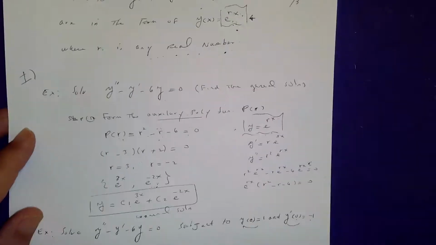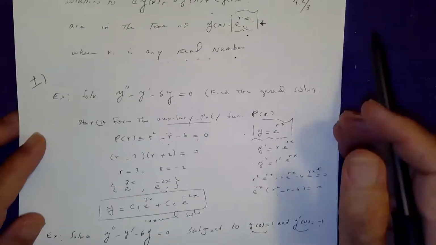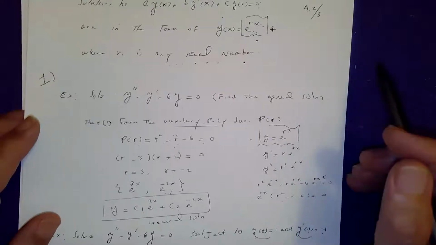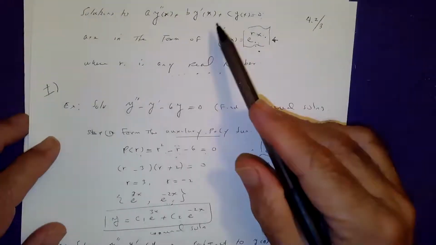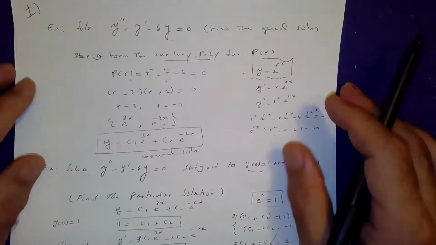Tonight, we would like to see what happens if the roots come up repeated or even complex, meaning it has an imaginary number i in it. Then how would the solution look for these kind of equations? Once again, let me just bring you up to speed.